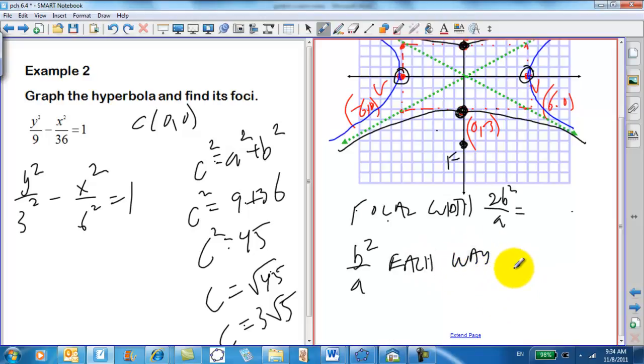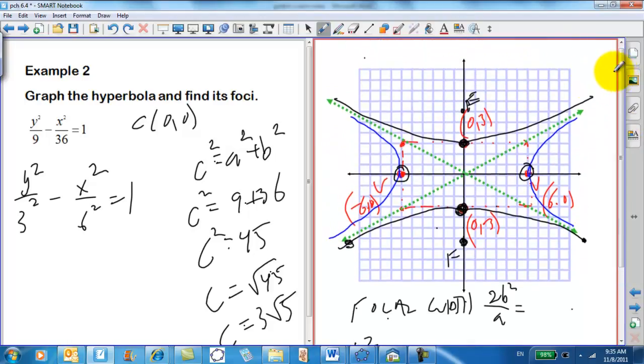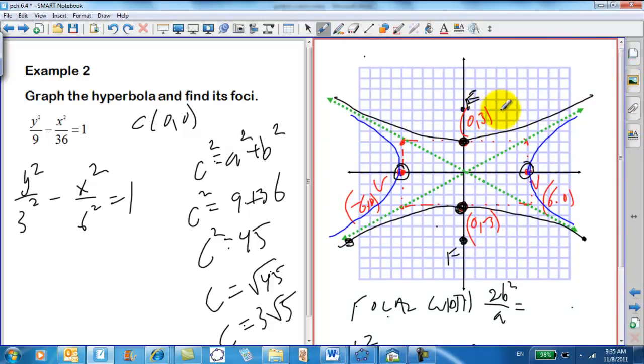So b squared is 6 squared, so it's 6 squared over 3, 36 thirds, or 12. 1, 2, 3, 4, 5, 6, 7, 8, 9, 10, 11, 12. Way out here. Yeah, that seems to work. And also up here, come over 12. 9, 10, 11, 12. There's our endpoints of the focal width.